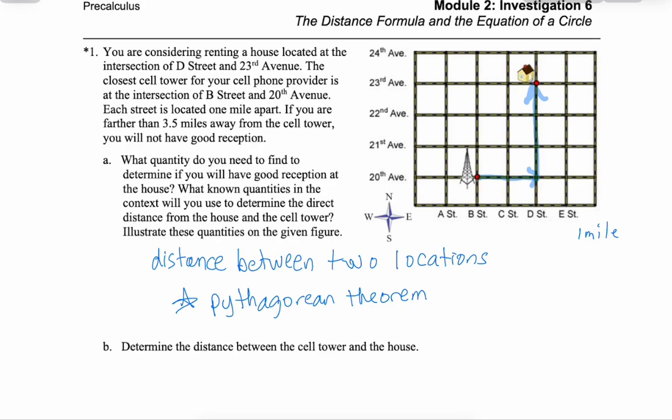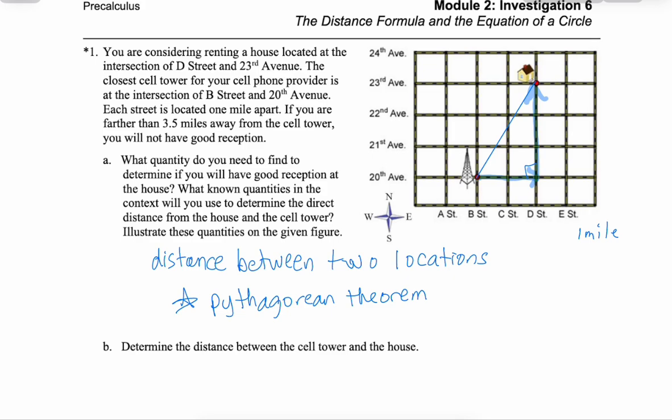Okay, so let's put a little line between the two. So you can see here that we have formed a right triangle. Okay, so the next thing says to determine the distance between the cell tower and the house.